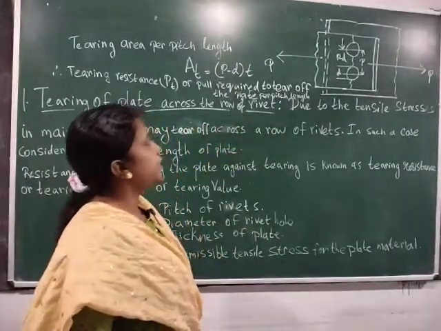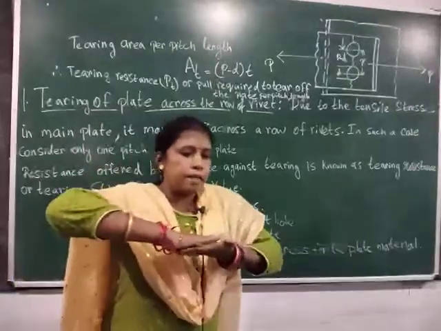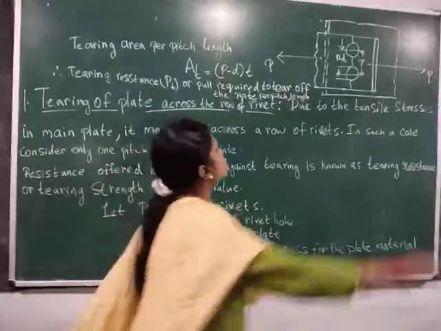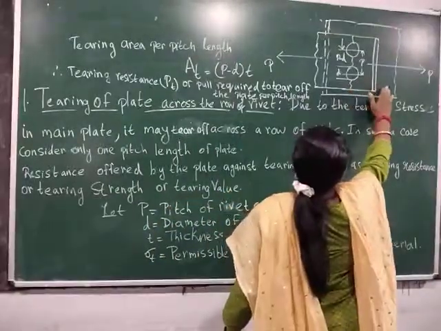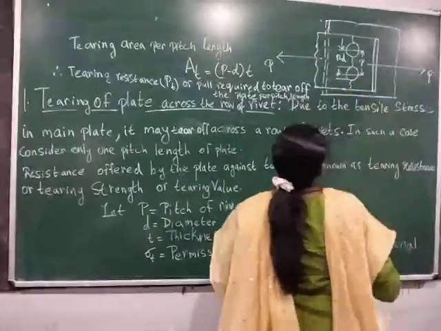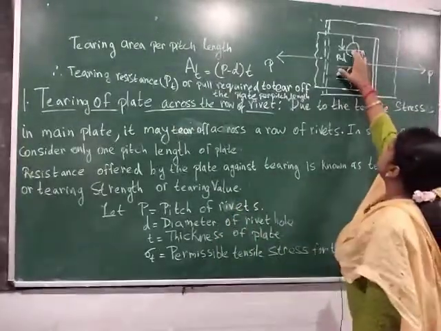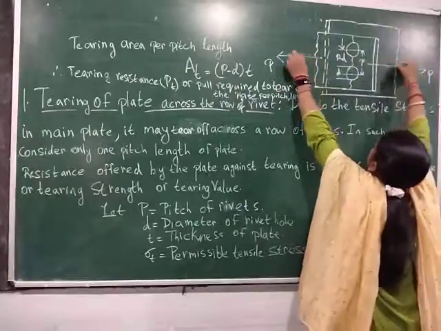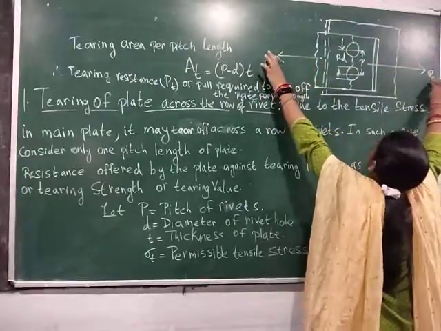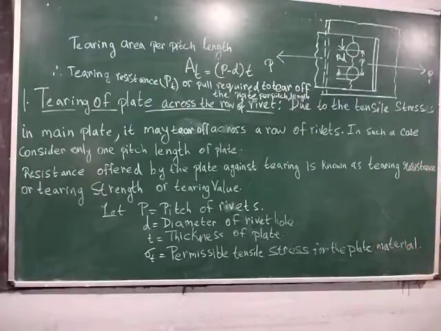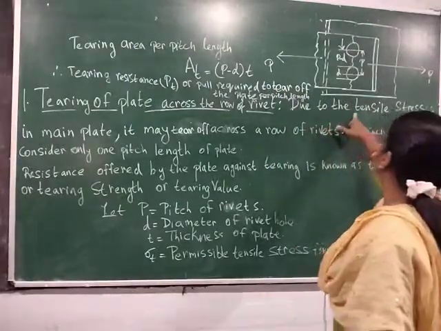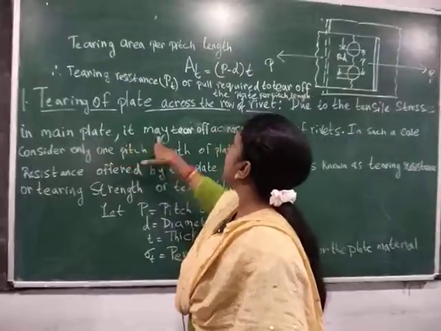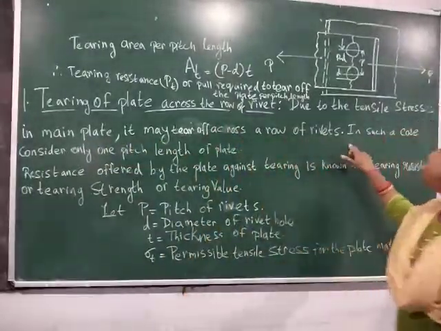If this is a riveted joint, the plates joined by a rivet like this, this plate will tear because of the tensile stress. So what happened? Due to the tensile stress in main part, it may tear off across the row of rivet.